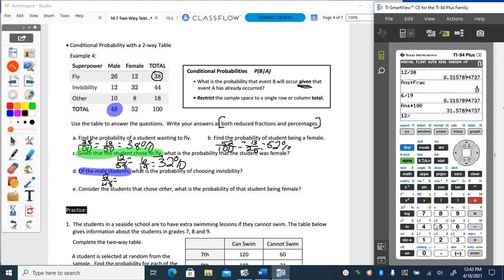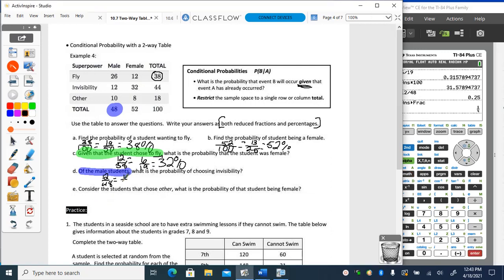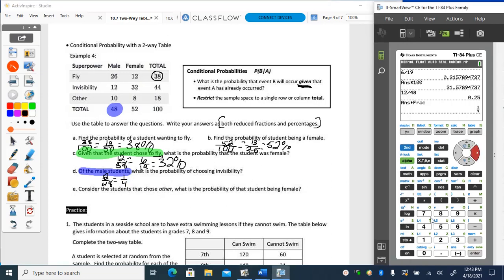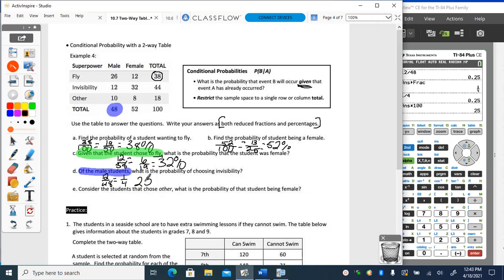Math, enter. 1/4. So 1/4 of the males chose invisibility. Now let's turn that into a percentage. So that's dividing and times 100, and we get 25%. So 1/4 or 25%.